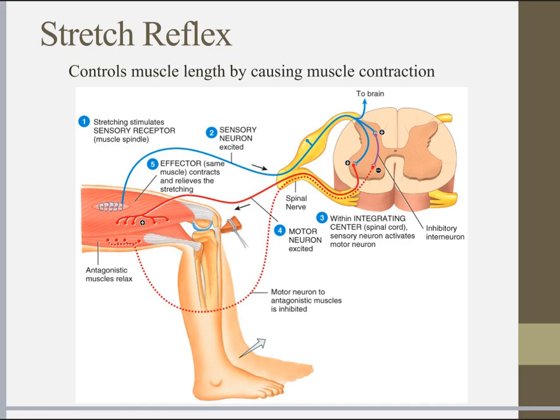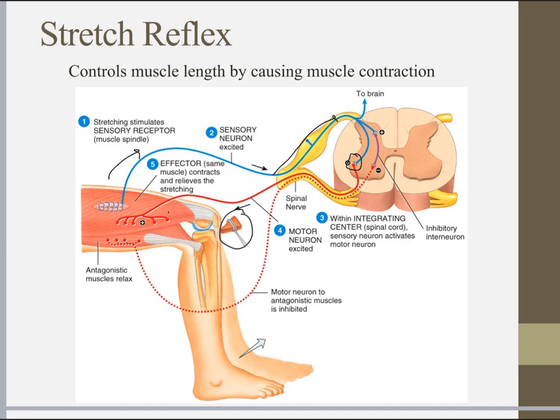We have a stimulus coming in, which is the striking of that patellar ligament. That's going to send a sensory response from the muscle into our spinal cord. So we find sensory, same muscle contracts and relieves the stretching. And again, look, one direct connection from the sensory neuron to the motor neuron, monosynaptic reflex.